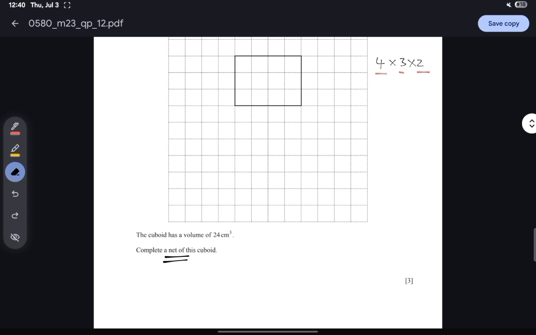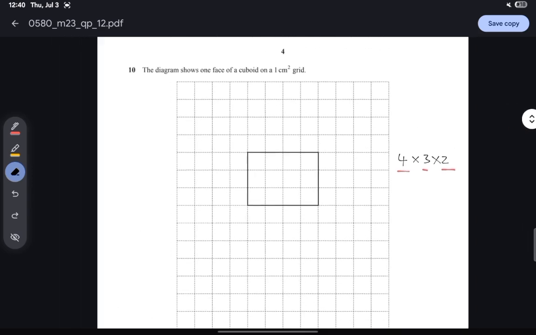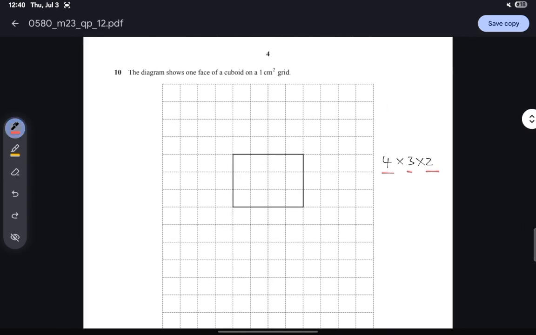So the cuboid's net includes 6 faces, we know that, 2 that are 4 by 3, 2 that are 4 by 2, and 2 that are 3 by 2, right? So adding to this one, we'll draw something like this, right?